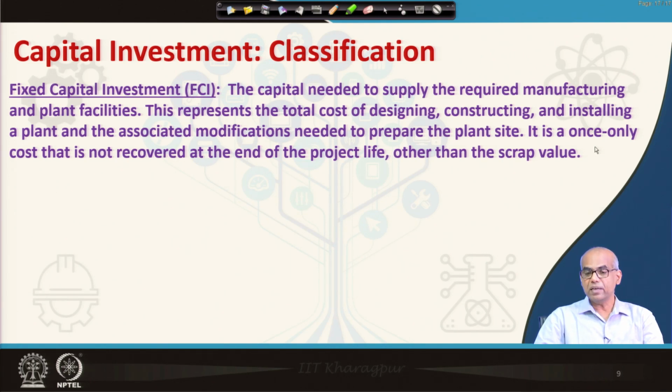The capital needed to supply the required manufacturing and plant facilities is known as the fixed capital investment. This represents the total cost of designing, constructing and installing a plant and the associated modifications needed to prepare the plant site. It is a once only cost that is not recovered at the end of the project life other than the scrap value.